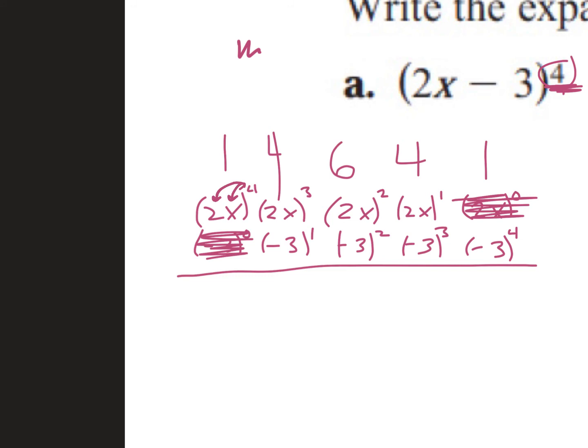What would that be? 2 times 2 is 4, 2 times 2 is 4, and 4 times 4 is 16. So this is 16x to the 4th power, and 16x to the 4th power times 1 would just be 16x to the 4th power.